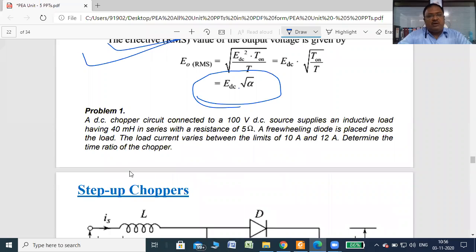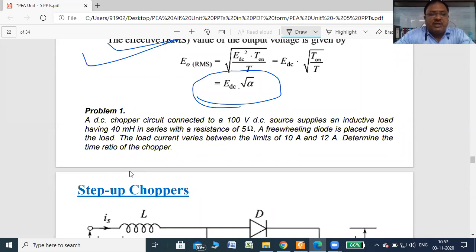One problem is given on this. In examination, there are very few chances of problems on a chopper, but if a question is asked, it will definitely be on a chopper. So I have given one example from the above equation.